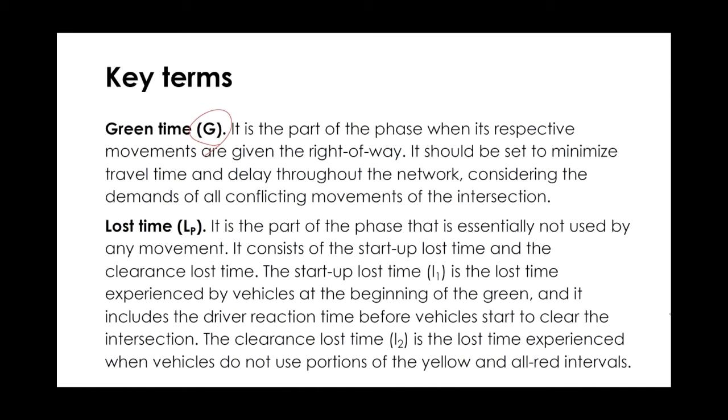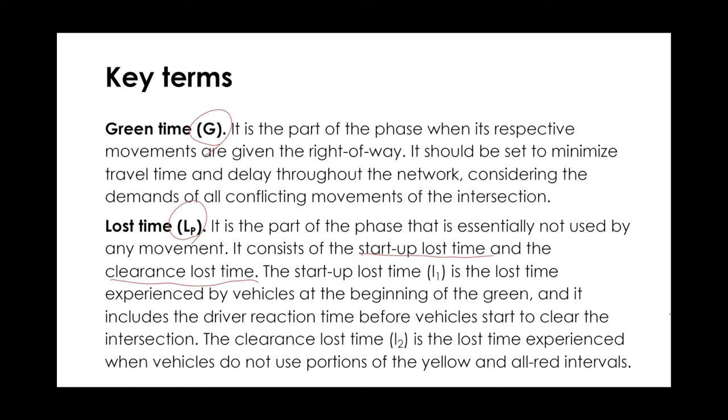We also have a key term called lost time, or LP, which is the part of the phase that is essentially not used by any movement, and that's why it's called lost time. It consists of the startup lost time and the clearance lost time.